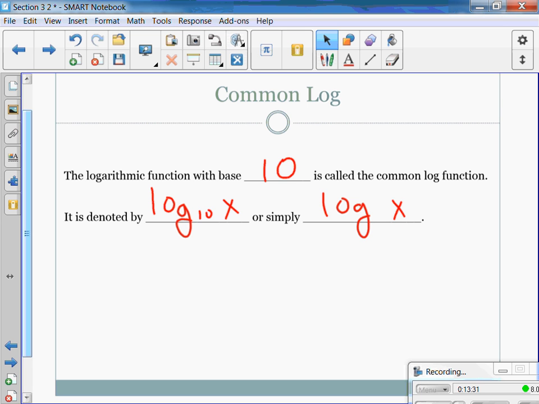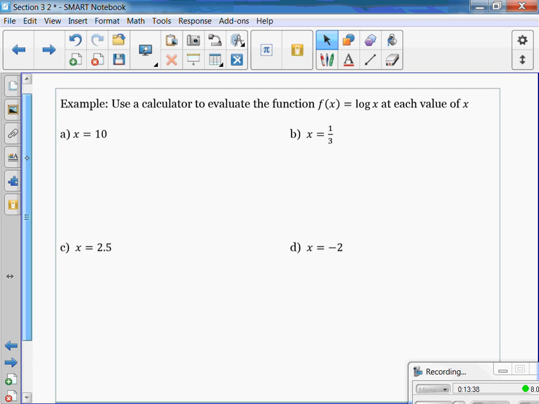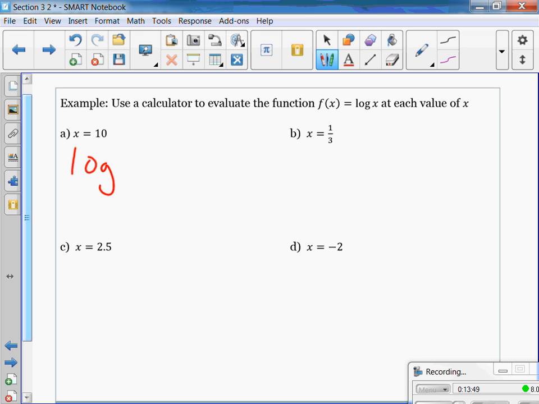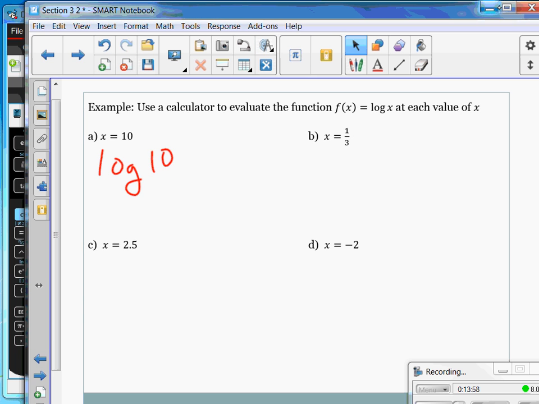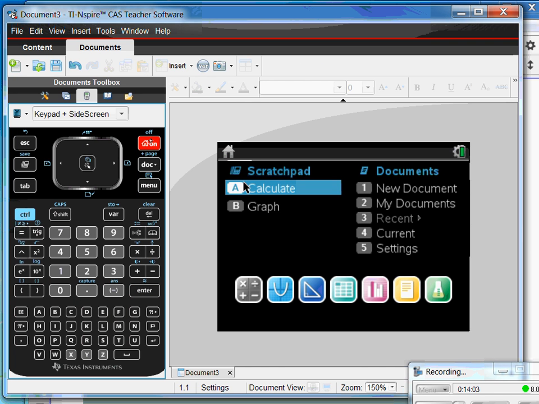Let's take a look at some of these calculations. We want to use a calculator to evaluate our common logarithm at each of these values. First things first, find the common log of 10. So we can use our calculators. And where is my log?